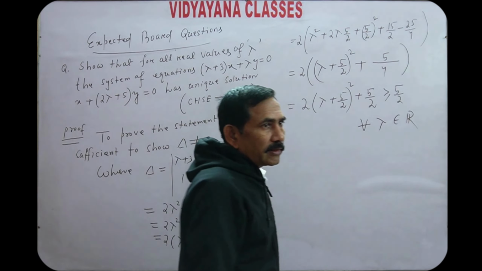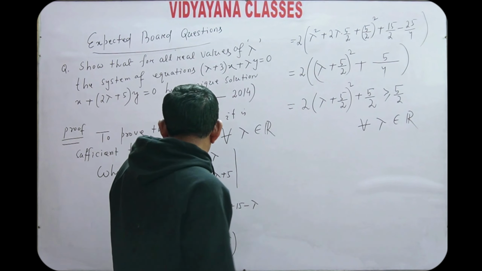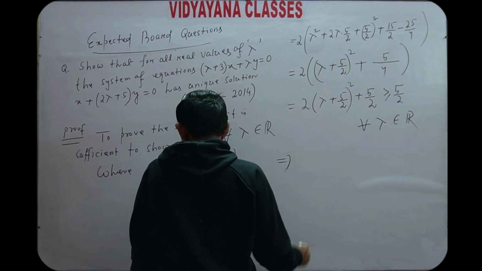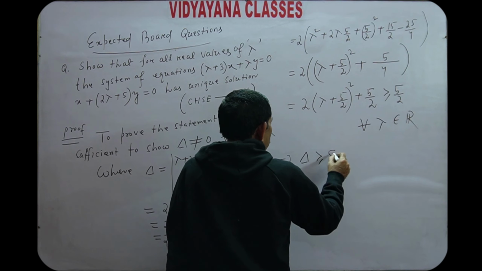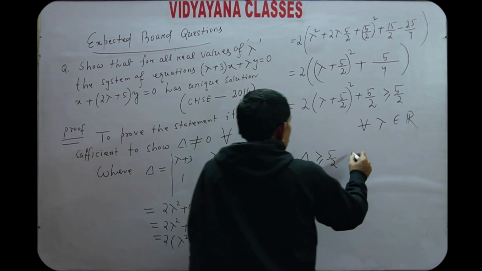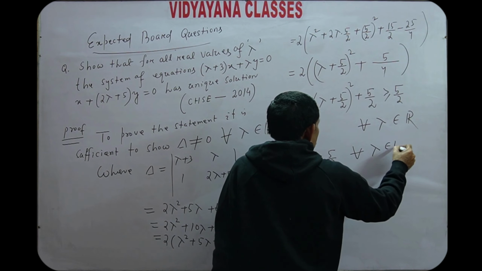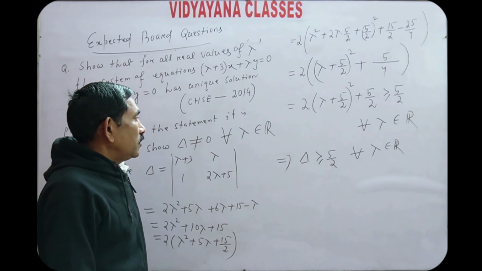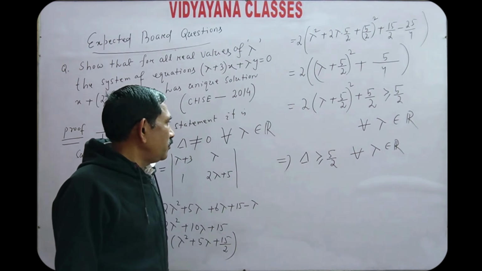That is real set. Clear? Which implies del greater than equal to 5 by 2 for all lambda belongs to real set. That is the minimum value for del is 5 by 2.